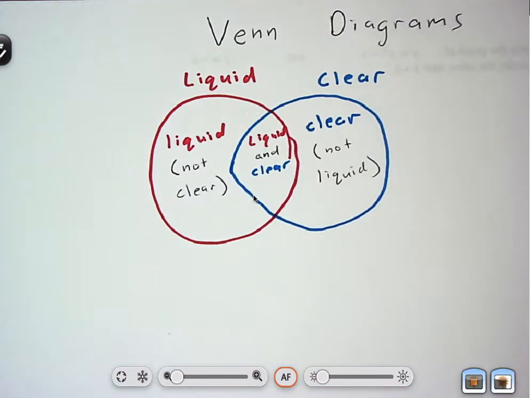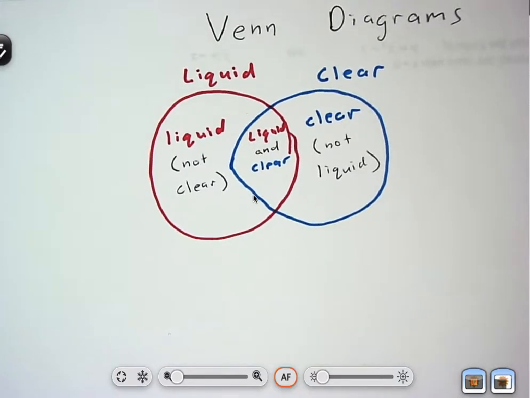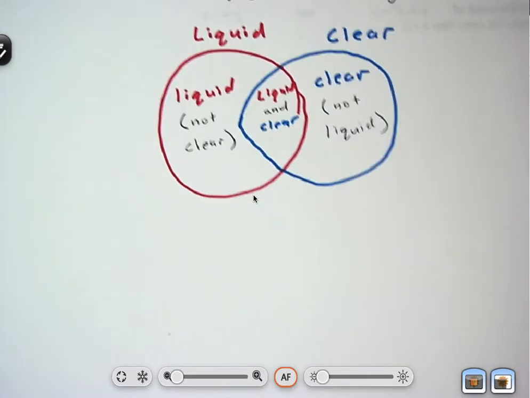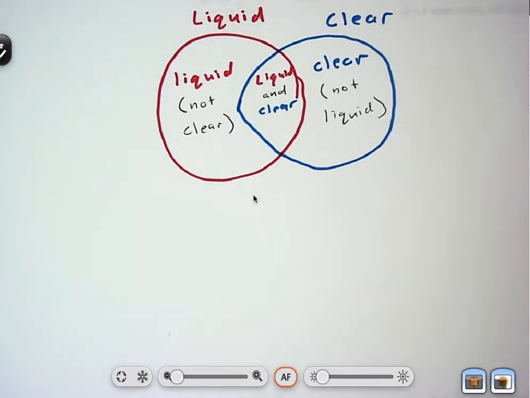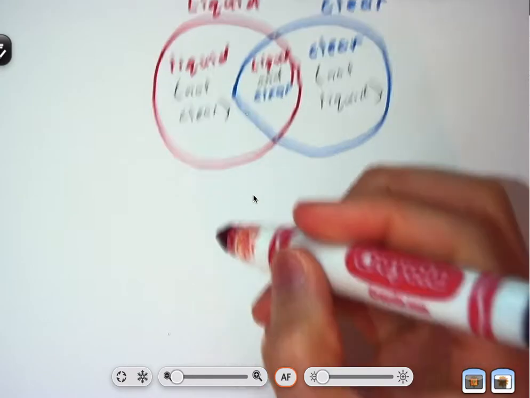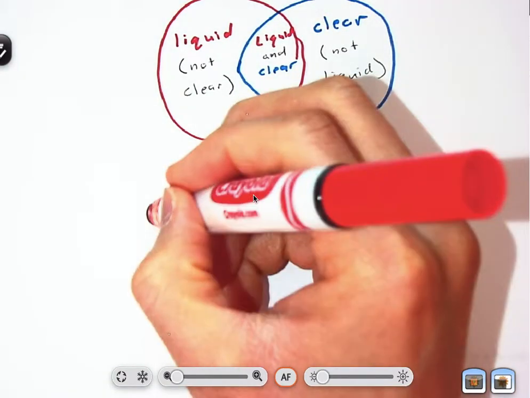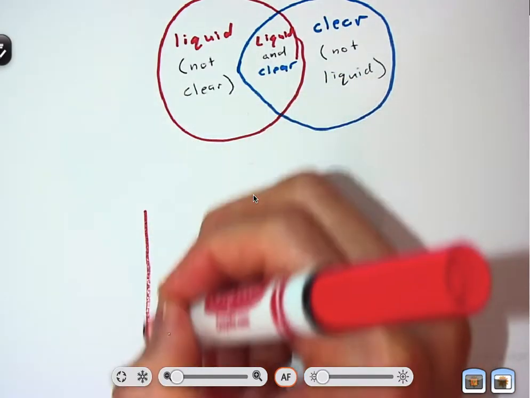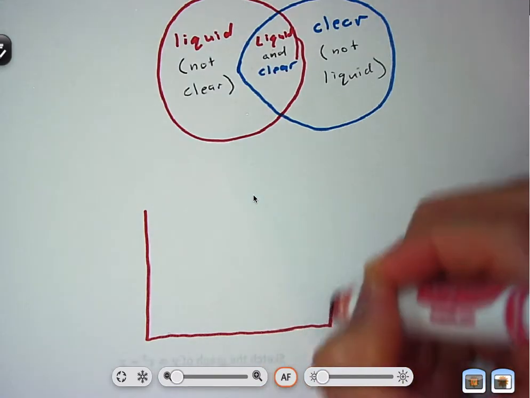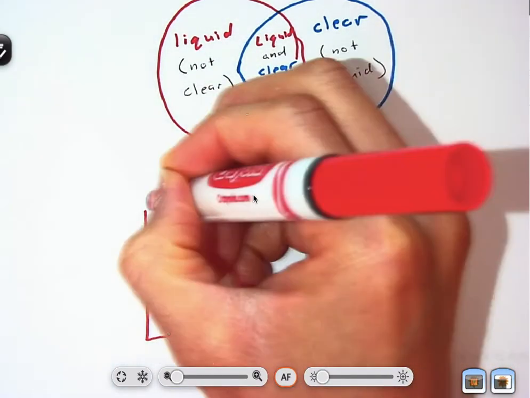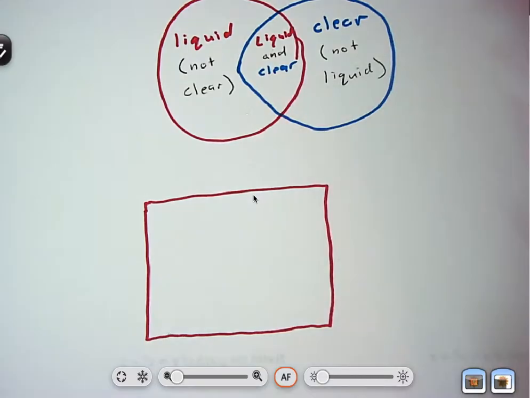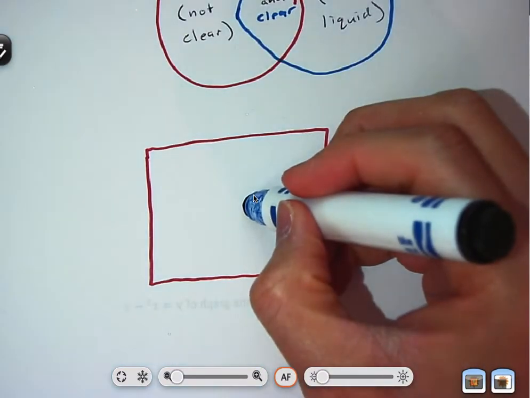Personally, I have a hard time drawing circles, as you can see. So sometimes instead, I like to draw the same Venn diagram, but just using squares or rectangles, just because I personally find it easier to draw rectangles. And on top of that, I find that you have much more space in order to actually write stuff.